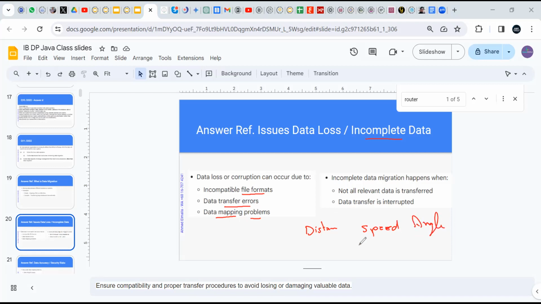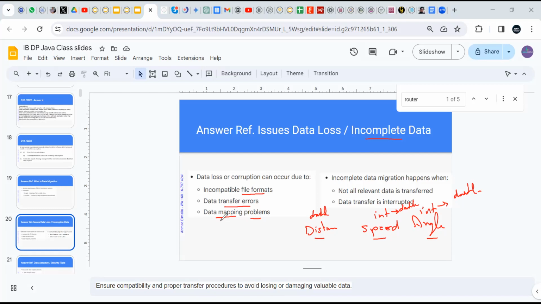Imagine that you have a database table that has all these formats, okay? But you are moving, for example, in the previous table, you have here double, that is okay, and here integers in the old table. But in the new table, you have double used with a speed and angle.